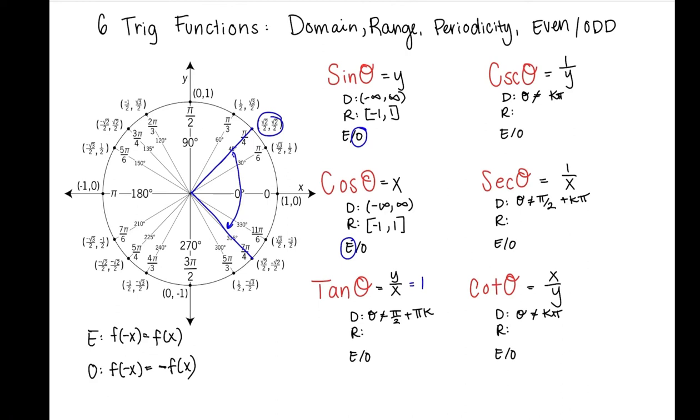If I get positive 1, like I did with my original 45 degrees, that would be the same output I was expecting. So that would be an even function. If I get a negative version, that would be an odd function. Okay, so my tangent here is going to be negative root 2 over 2 divided by root 2 over 2. All right, I can see that this simplifies to negative 1, which means that my tangent function is an odd function.